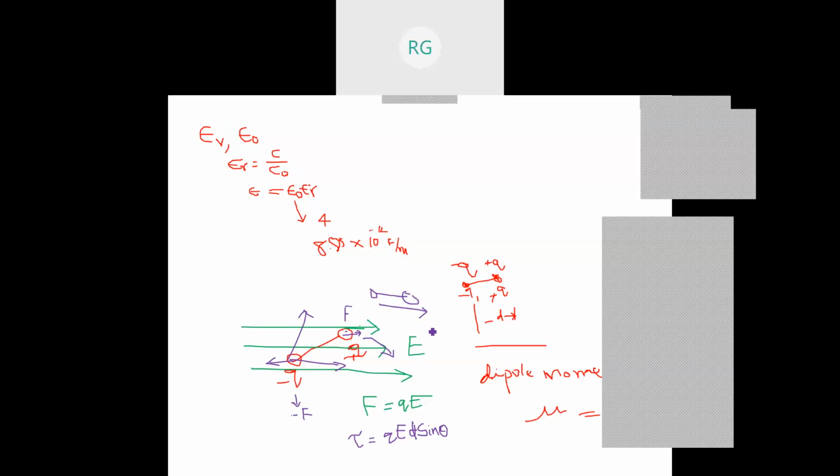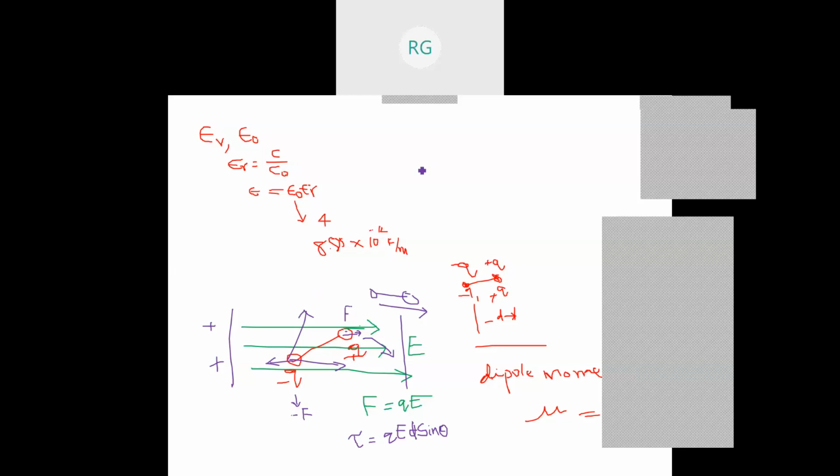When the same dielectric is placed between the plates of a capacitor, suppose this is positive charge, this is negative charge, then the dipoles are oriented or aligned in the direction of applied field. This rotation is due to the torque acting on it.